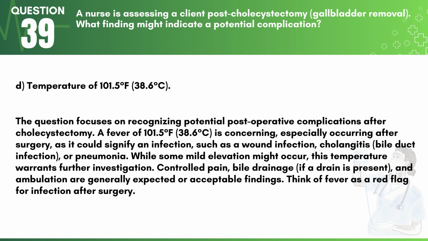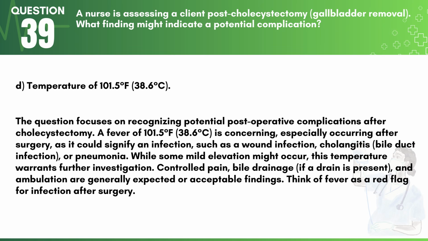Answer D. Temperature of 101.5 degrees F, 38.6 degrees C. The question focuses on recognizing potential postoperative complications after cholecystectomy. A fever of 101.5 degrees F, 38.6 degrees C, is concerning, especially occurring after surgery, as it could signify an infection, such as a wound infection, cholangitis, bile duct infection, or pneumonia.